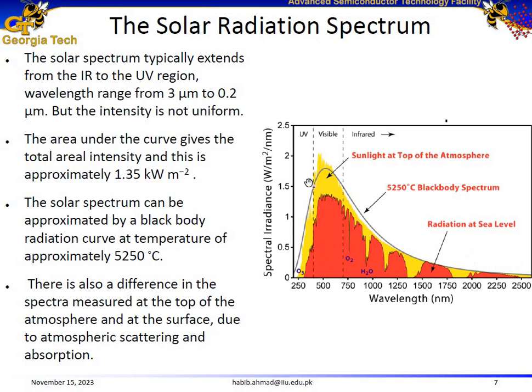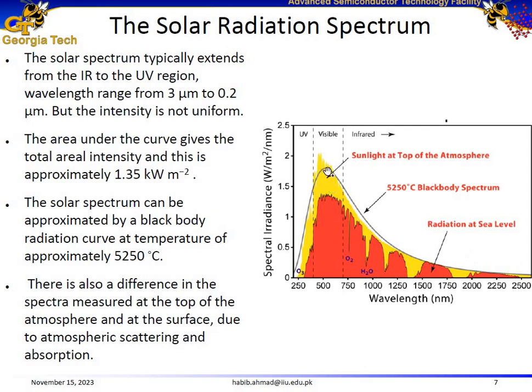But we have high intensity of the solar spectrum in the visible light range. As you can see, the intensity in the visible light range is higher. The range of visible light is from approximately 400 nanometers to 750 nanometers, and the peak intensity is around 550 nanometers, which is the green light range.